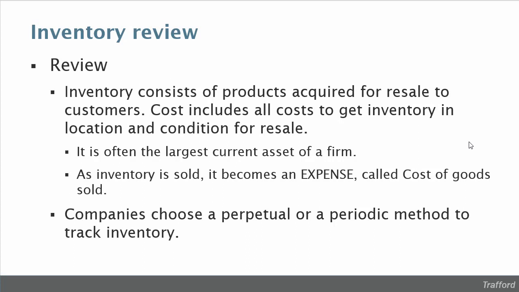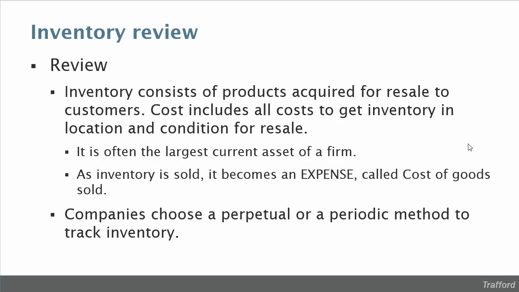And of course, inventory is an asset on the balance sheet, but as a company sells that inventory, we move the cost out of the asset and into the expense account that's called cost of sales or cost of goods sold.